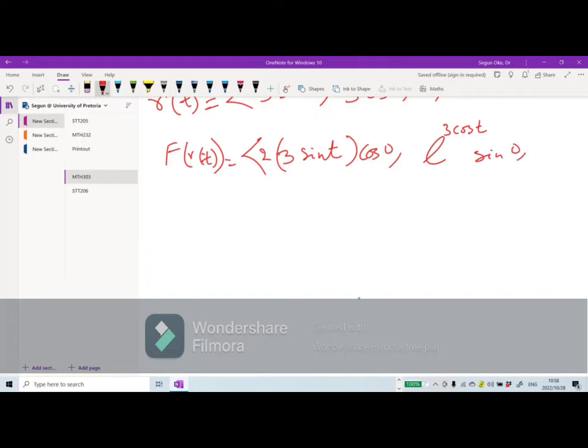Then the last one will be 3 cos t e raised to 3 sin t.